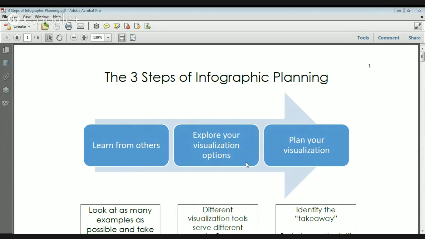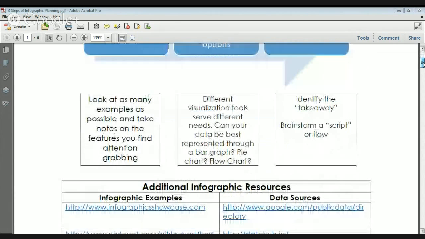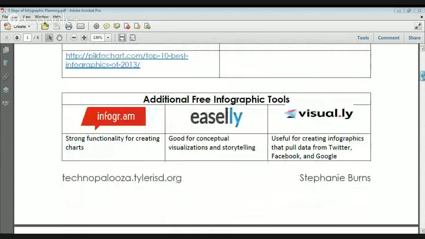Look at some of the websites that I've listed for free infographic makers and make your own infographic. And finally, plan your visualization. This involves making a script or a flow chart so that you have an idea of what you want your infographic to look like. And once again, here are our free infographic tools. Infogram, Easel.ly, and Visually are 3 great websites for that.